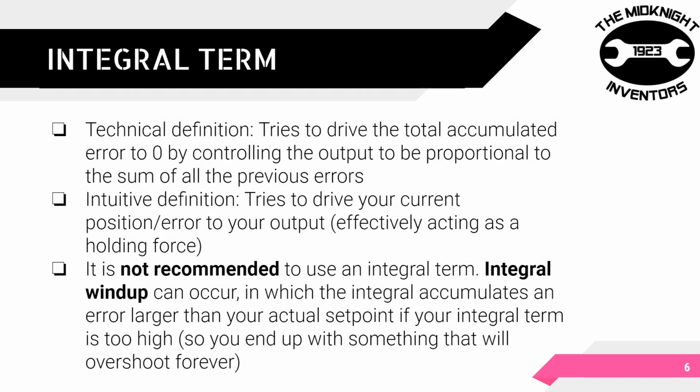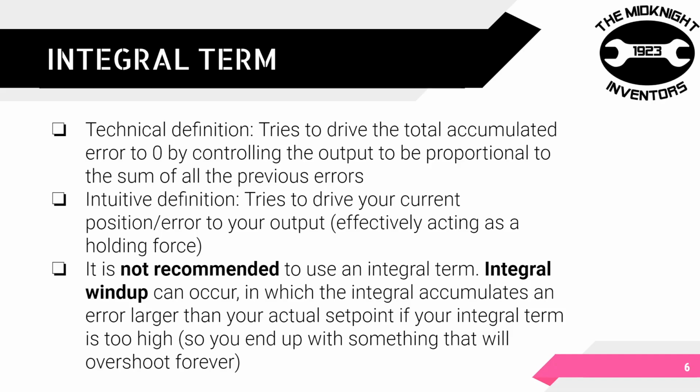And the last term is the integral term. A technical definition of it is that it tries to drive the total accumulated error to 0 by controlling the output to be proportional to the sum of all the previous errors. And a more intuitive definition is that it tries to drive your current position or error to your output. So it acts as the holding force if you're thinking about something like an arm mechanism.